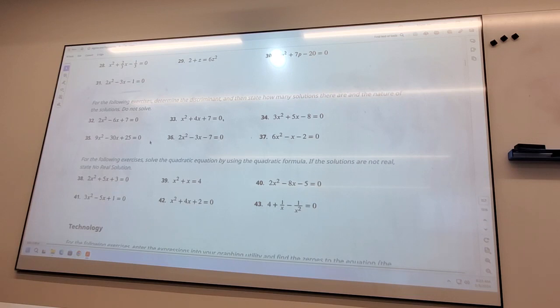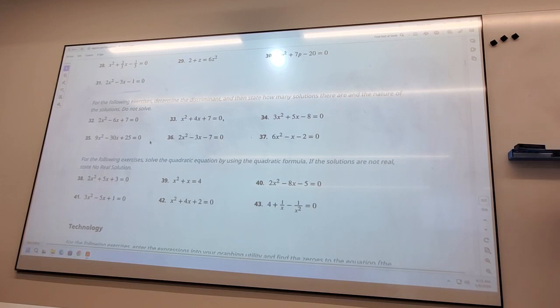Real or complex? Real. If the number is negative, what am I going to get? If the number is 0, how many answers will I get? What part of this tells me I'm going to get 2 answers normally? Plus or minus. If the plus or minus is 0, how many answers do I get? 1. Good. 1 answer.